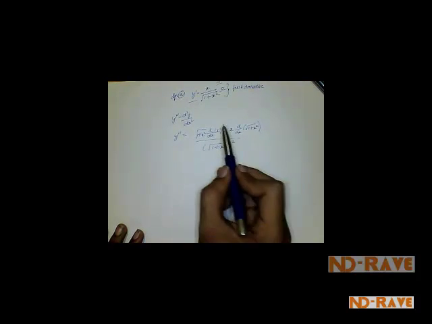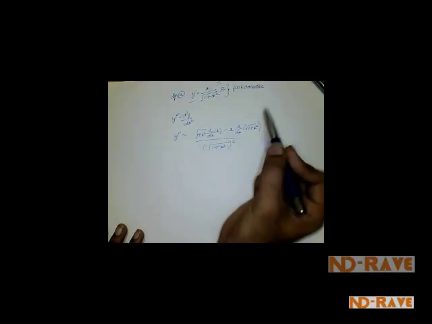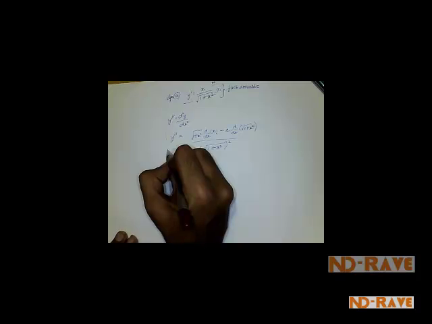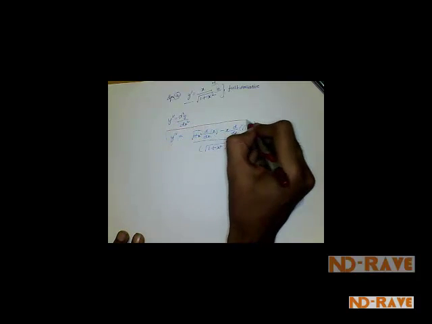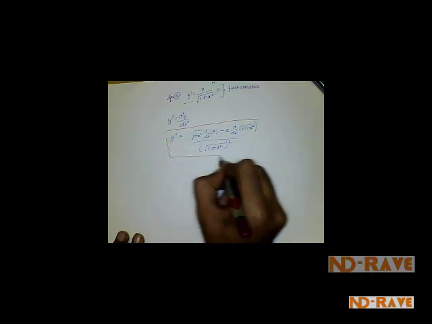So you have to note this carefully so that you'll understand better. Let me explain it once again. So this is the quotient rule that I've explained over here. What does the quotient rule say?